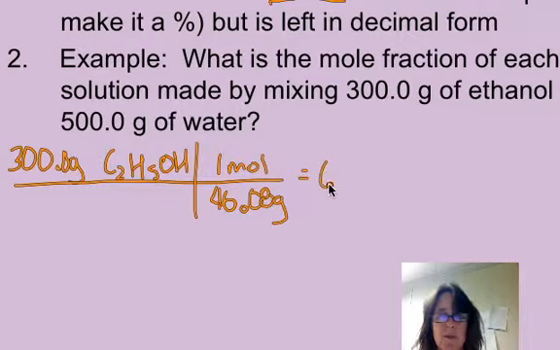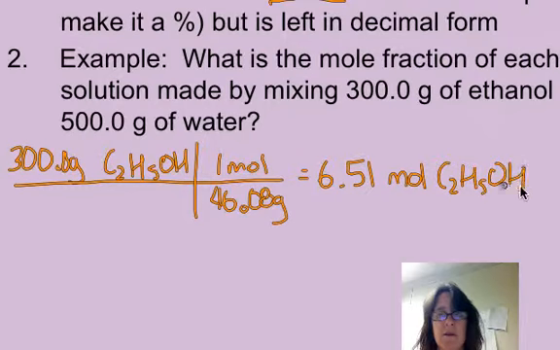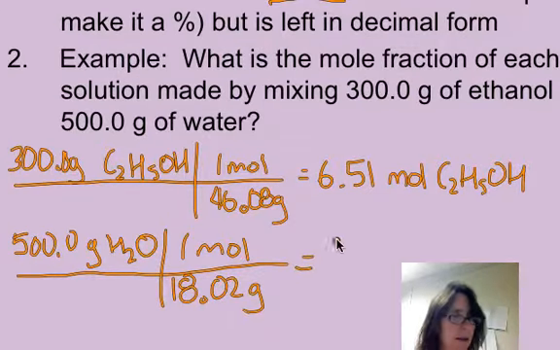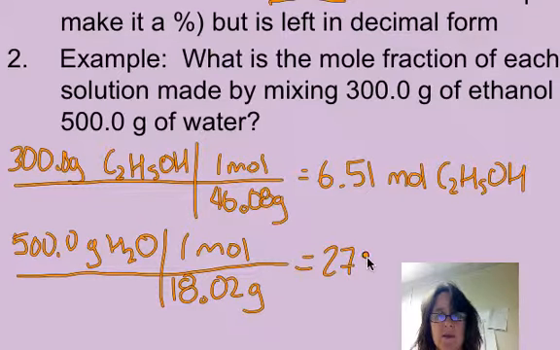And that gives me 6.51 moles of ethanol. Now I have my 500 grams of water, and I'll go ahead and convert that. And I get 27.7 moles of water.